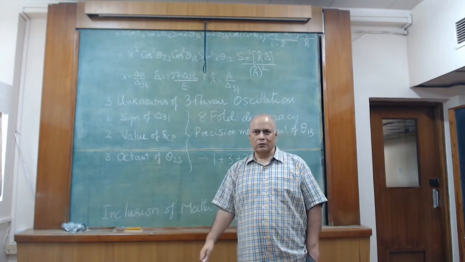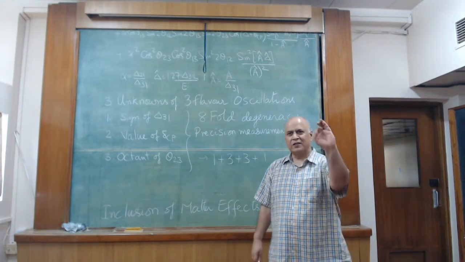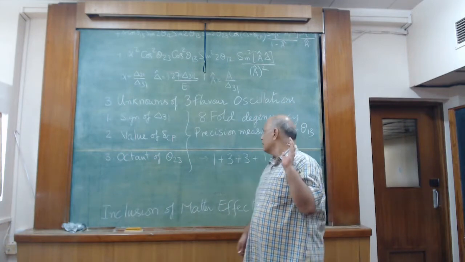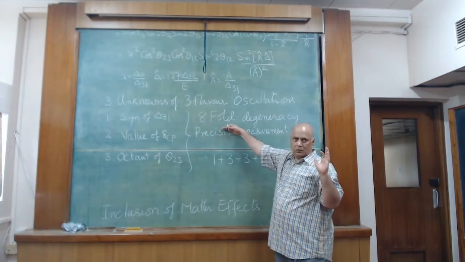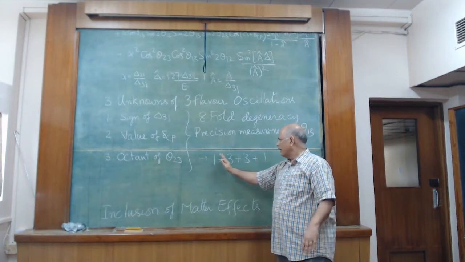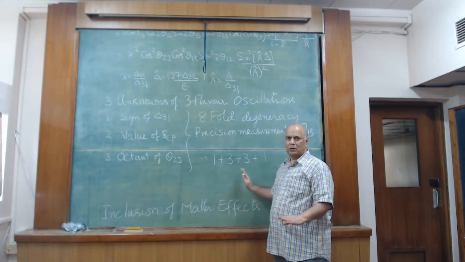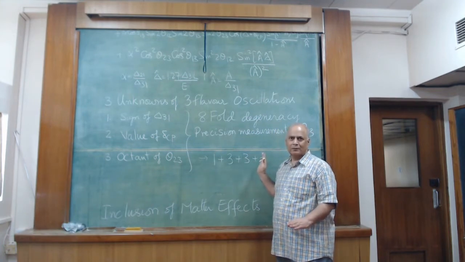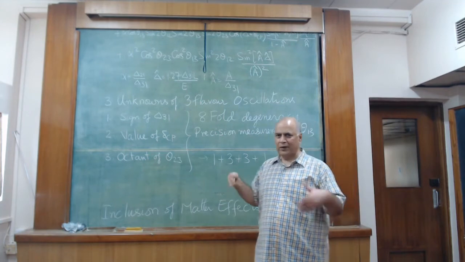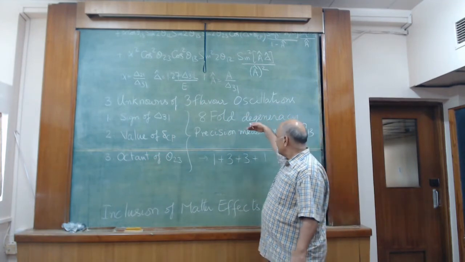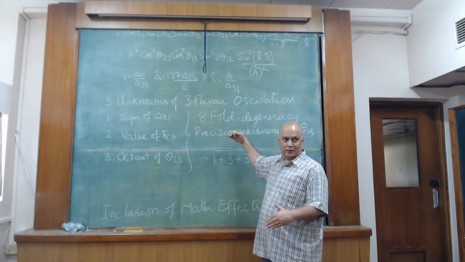One can show that if I have a precise measurement of theta 13, then these 8 degenerate solutions will actually split up into 1 plus 3 plus 3 plus 1. How does that happen? We will discuss in a minute. But you understand why this precision of theta 13 matters.